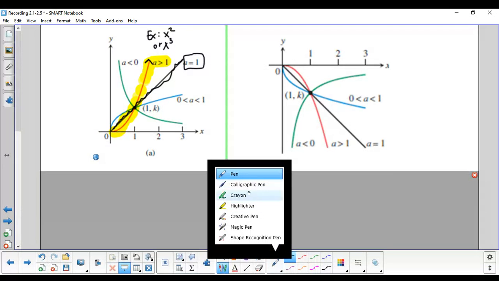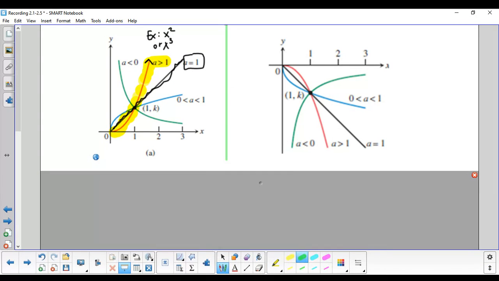The third type of shape our graphs can take is this green one. And you might recognize this green curve as our rational or 1 over x function. And the rational function will occur anytime the exponent is less than 0. So with this one, a really great example would be 1 over x.